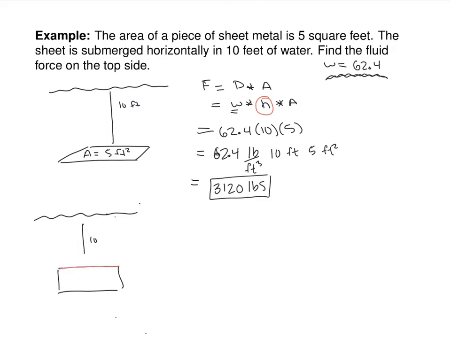The depth here is different than the depth there, so the force exerted at the bottom will be greater than the force exerted at the top because the depth is greater. To find the force on an object like this, we're going to have to use calculus by dividing this thing up into chunks, finding the force on a chunk, and then adding all the forces together.